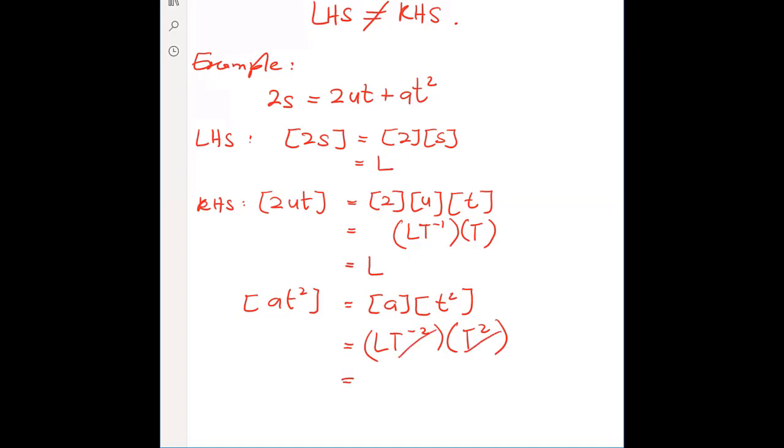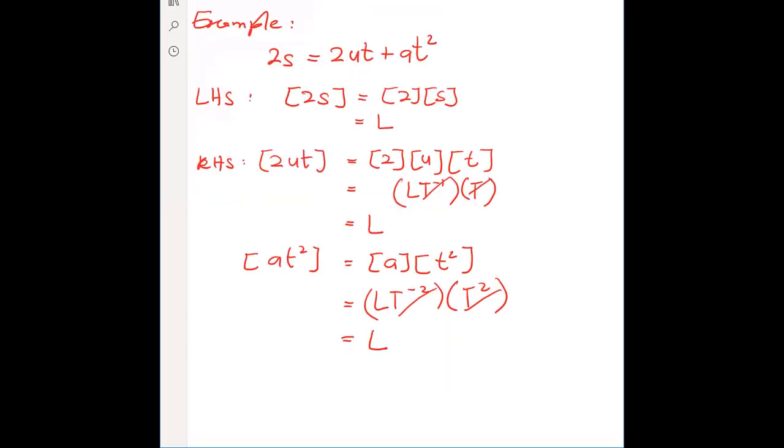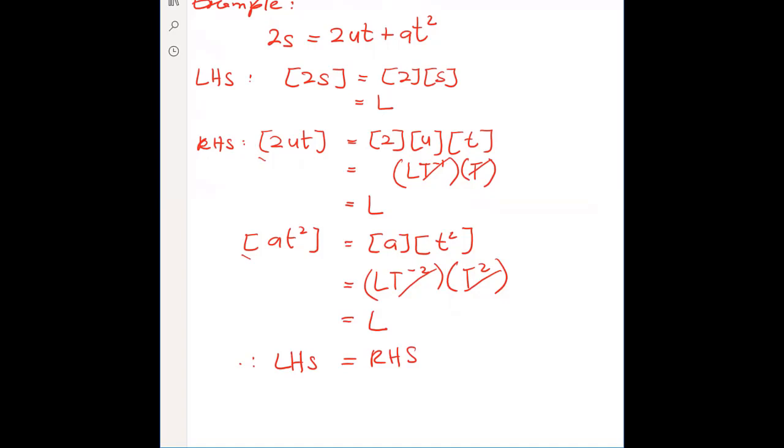After all, what you have is L. So it shows that the left hand side of the equation is equal to the right hand side. They must both be the same. If there are two terms here, both must be the same. So when the left hand side equals the right hand side, this equation is homogeneous.